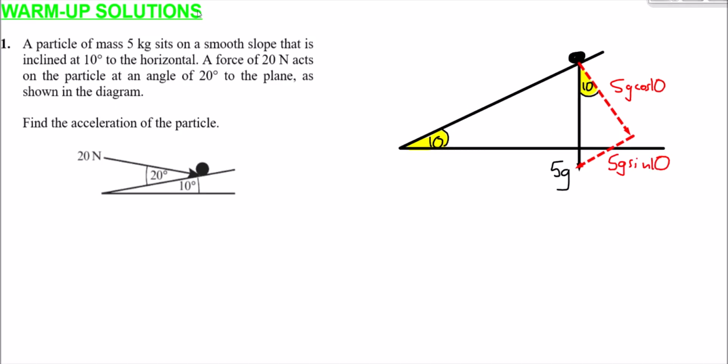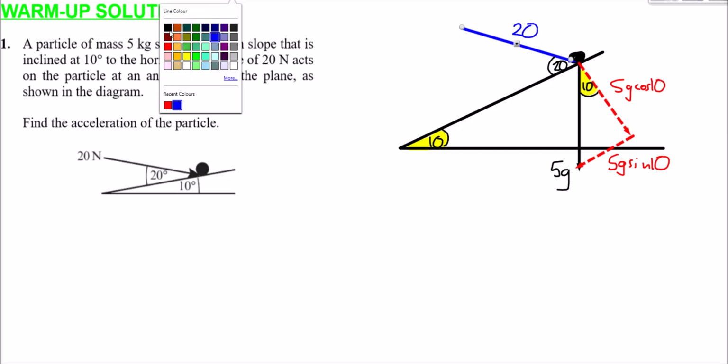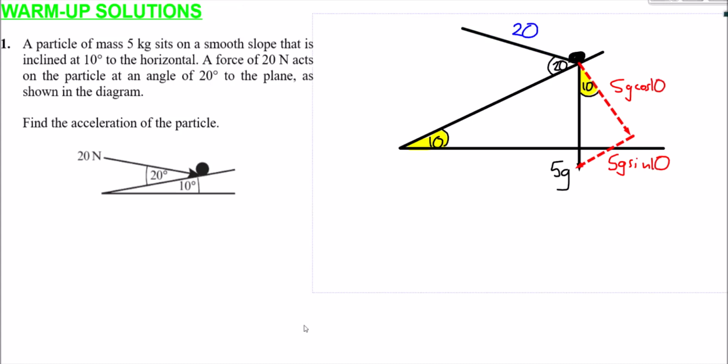There's also the 20 newton force which we need to add in, so we can do this now. It's going slightly downwards into the slope, so that's 20. And this angle here is going to be 20 degrees as well. So in a similar way, we can resolve this force into two components, going perpendicular to the slope down and parallel to the slope, in this case, going up.